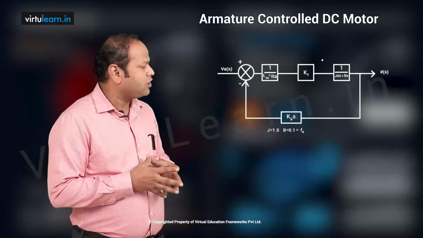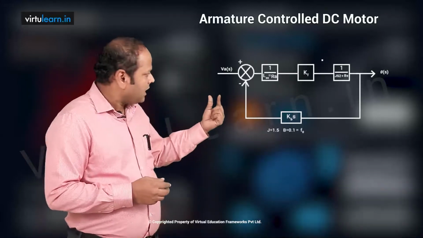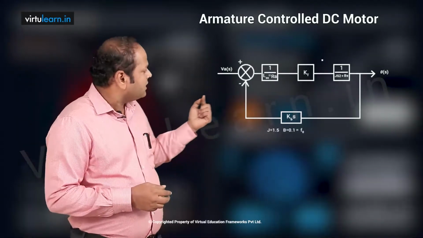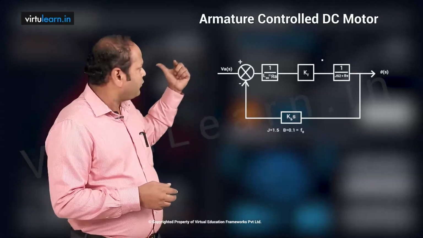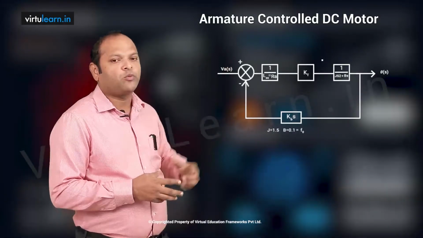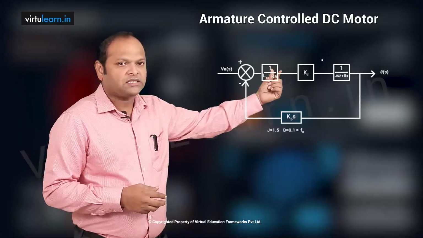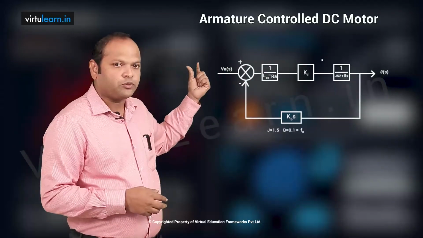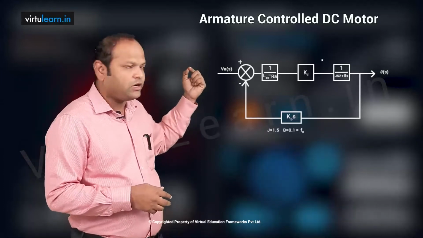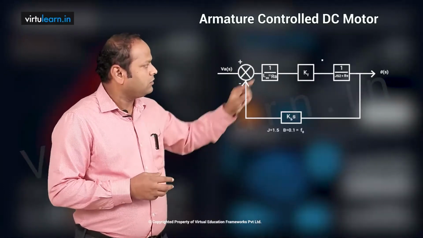This feedback is because of the back EMF, that is KB into S, and it is negative feedback. The input is VA, the armature voltage, and the output is theta, the displacement.